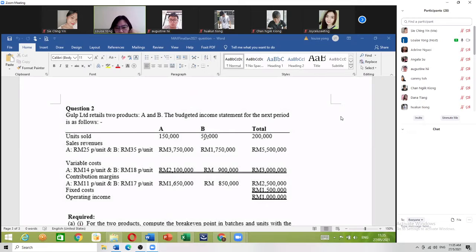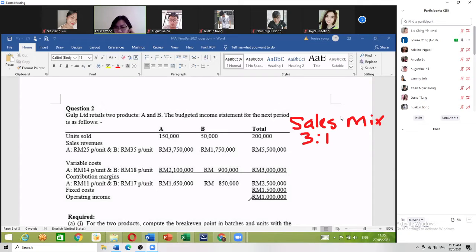B, units sold will be 50,000. So total 200,000 units. So 从这里的时候, you can calculate your sales mix already. So what is your sales mix here? Okay, so it will be 3 to 1.